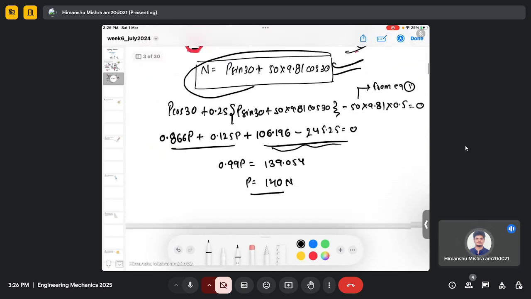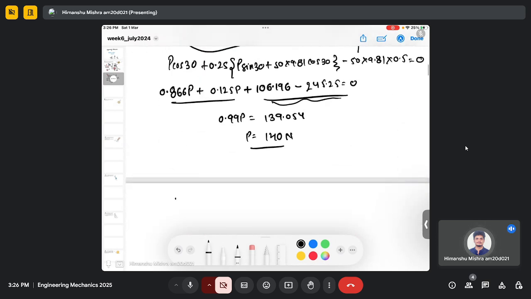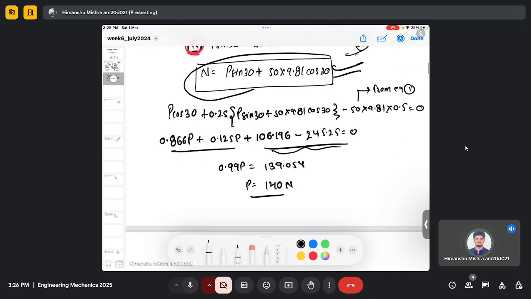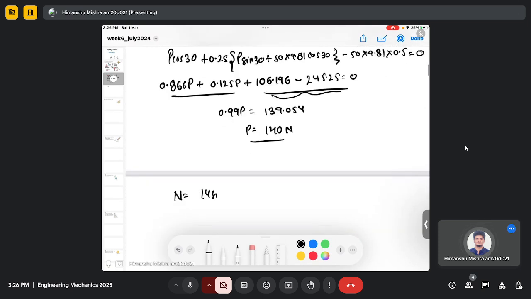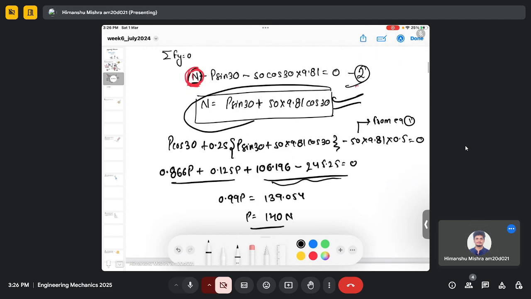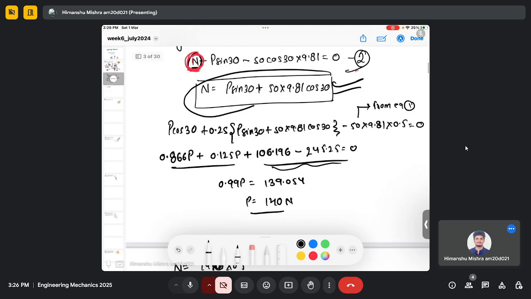So in any of these equations, when you substitute p, you will get n, which equals 140 sine 30, and sine 30 is 0.5, plus 50 times 9.81 multiplied by cos 30, which is 0.8.